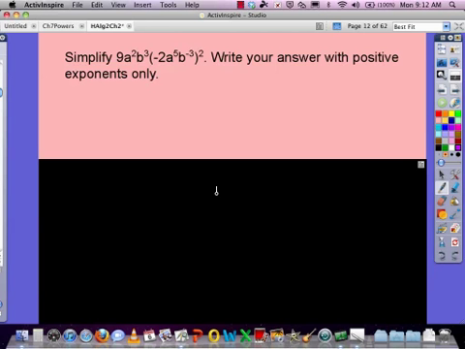What looks like a big multiplication problem. Write your answer with positive exponents only. So in order to simplify, we want to be able to pull this down and write our work below. So probably as we write our work, I'm going to copy the 9a squared b cubed. But I notice that this parenthesis needs to be squared.